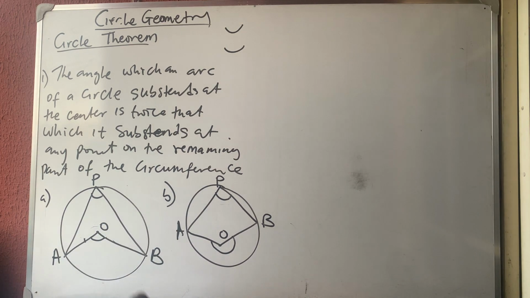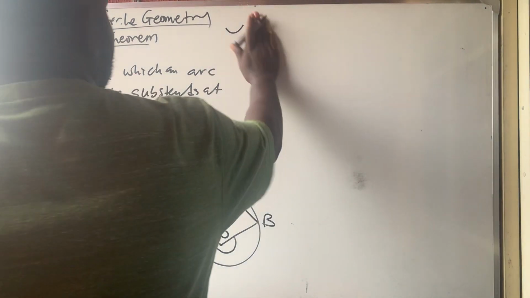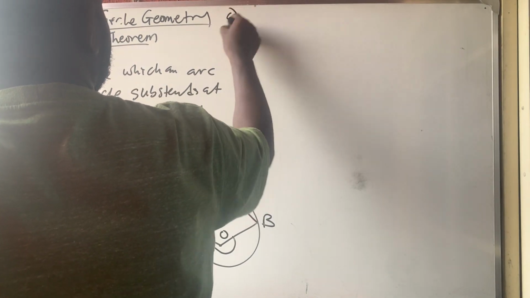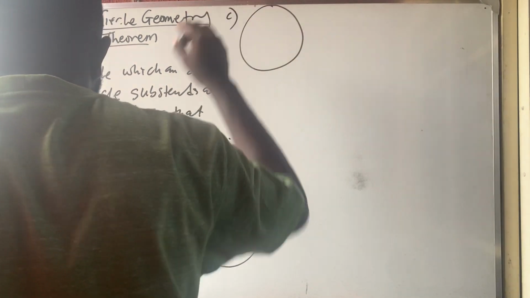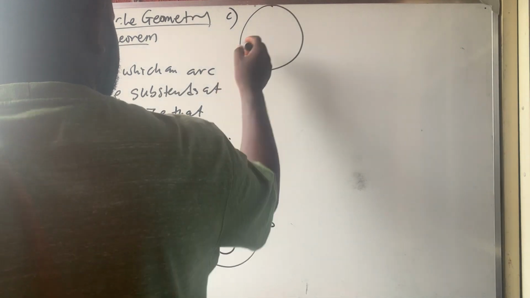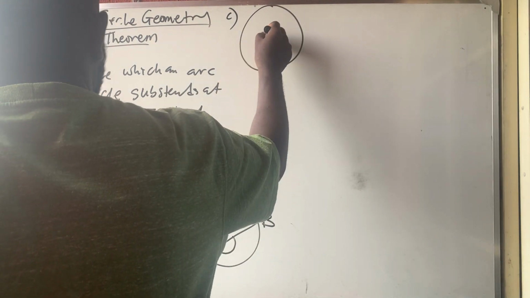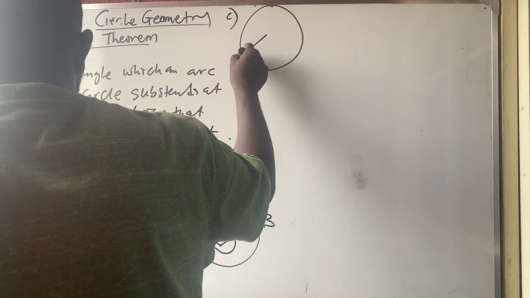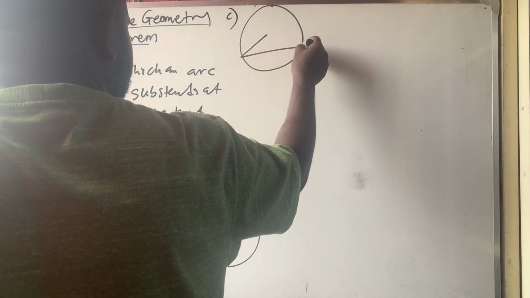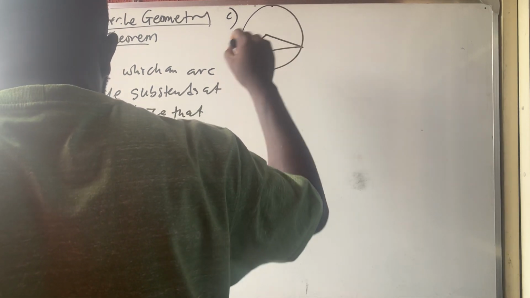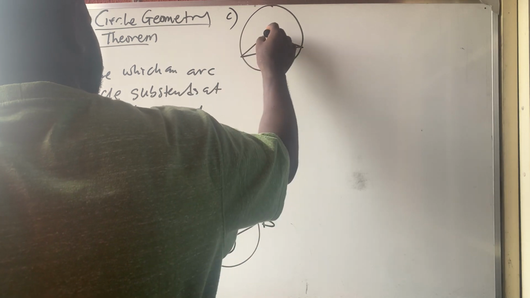Now for the C, I have another one like this, and that one is like this. This is the center of the circle, and I have a point that moves like this.